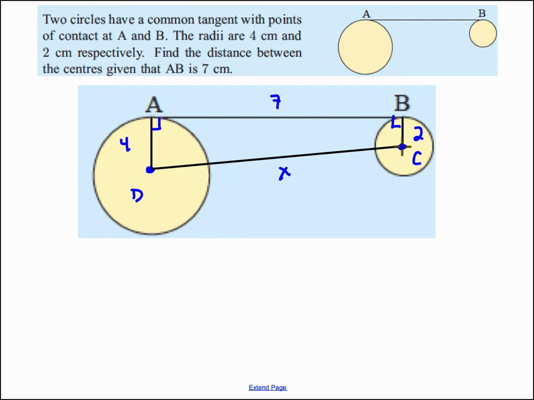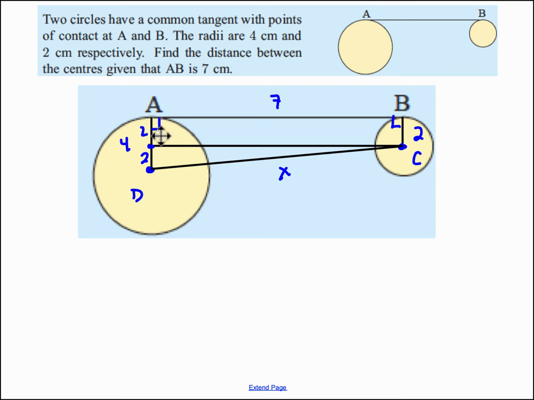So if I were to draw a line segment straight over from the center C until I hit this radius such that it's parallel to AB, I got a couple things going for me. If it's parallel, then I know that this is 2 and this is 2.